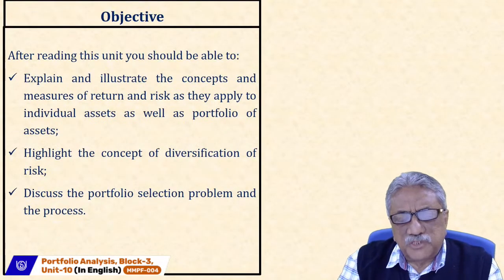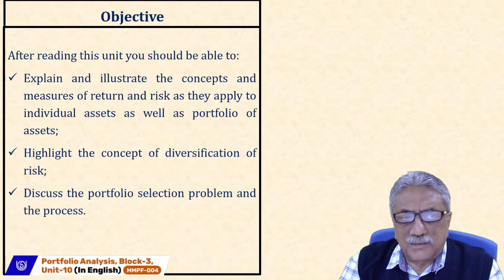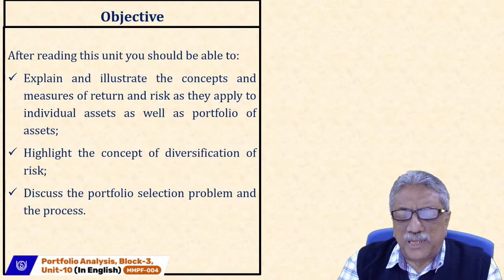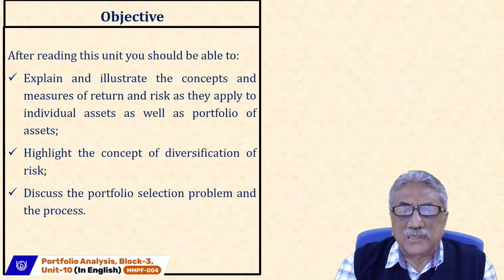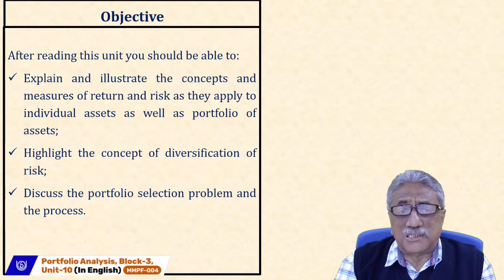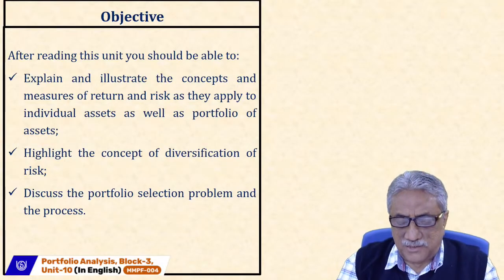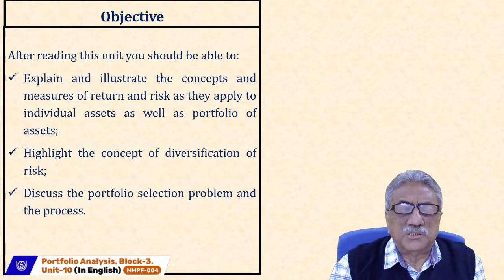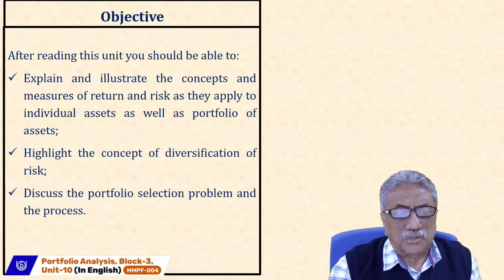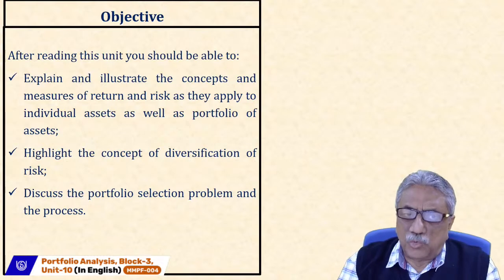The objective of this portfolio selection is that after reading this unit, you should be able to explain and illustrate the concept and measures of return and risk as they apply to individual assets as well as portfolio of assets. At this point, I just want to tell you, portfolio means suppose you are buying one stock and then you are buying another one.